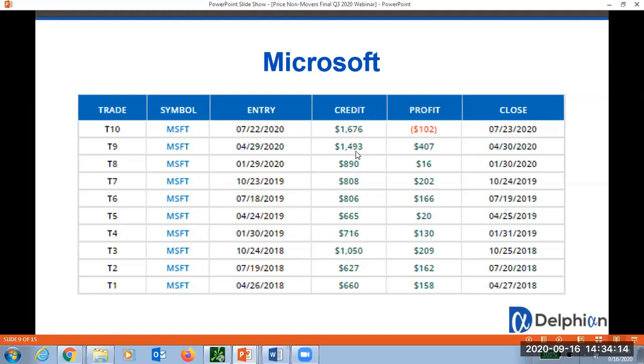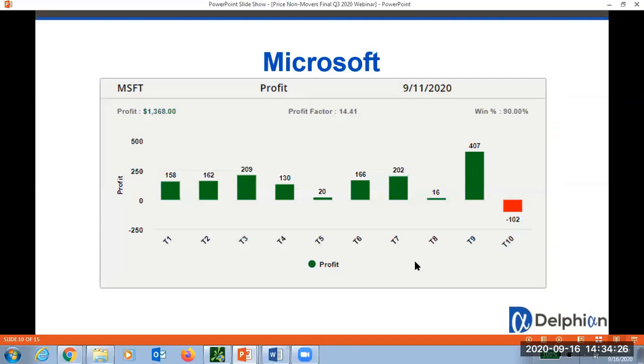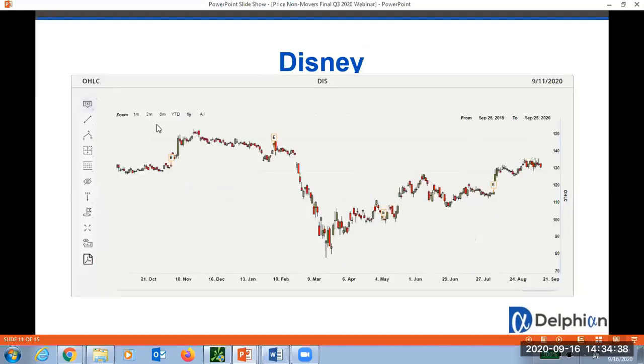So you can see the credit that we receive plus the profit or the loss that we're making, no matter what, because we're getting out at the end of the day on the next day. Here's your graph. We're talking about a win percentage of 90%, profit factor of 14.41, and a total profit overall of 1,368. The next one's Disney.